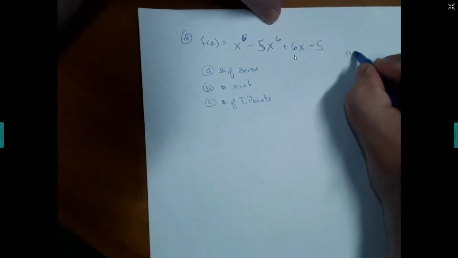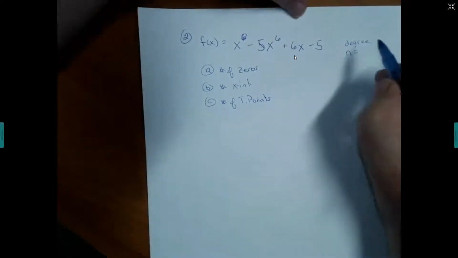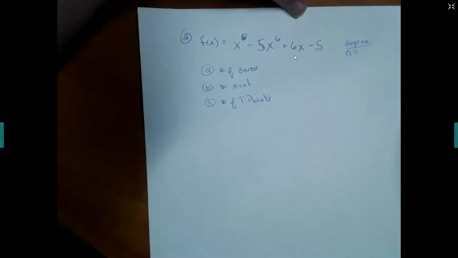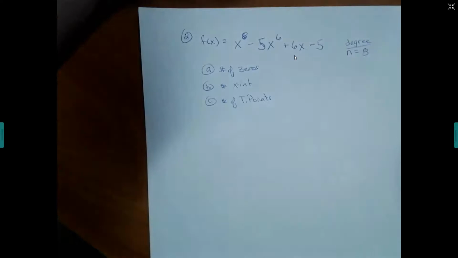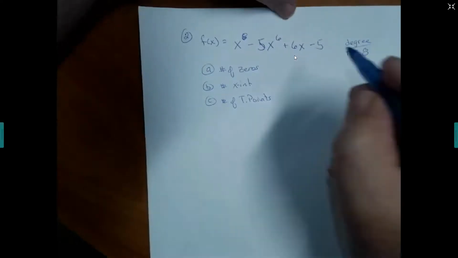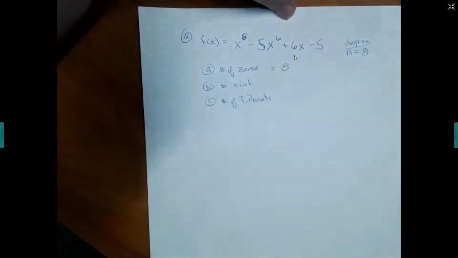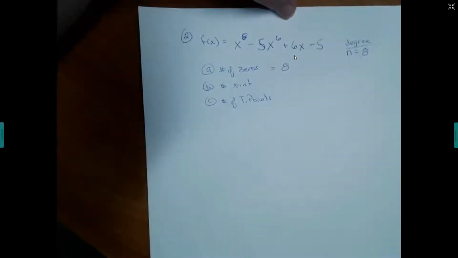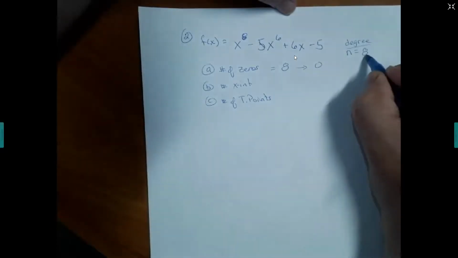What's the degree of our equation? 8. Yes, it's the largest exponent. So the maximum number of zeros we can have is 8. What's the minimum? It goes from 8 down to 0 because it's even.